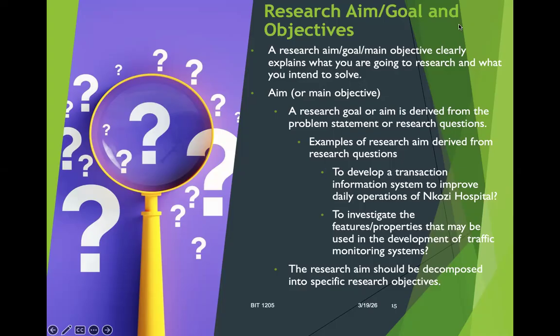If you want to design, you want to develop an appointment booking system for Nkozi Hospital patients, that means you have some things that you have to work on for you to achieve that. If we are to achieve the development of appointment booking for Nkozi Hospital patients, that being our main objective, what are those things that we need to work on for us to achieve that, so that they can become our specific objectives?